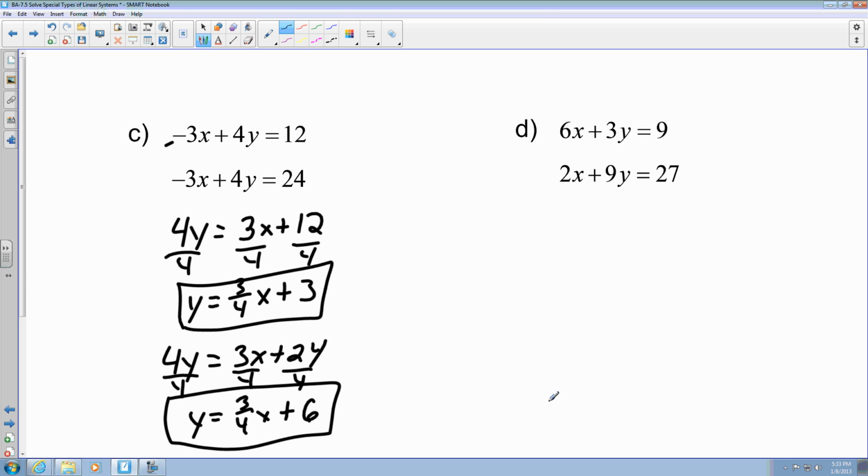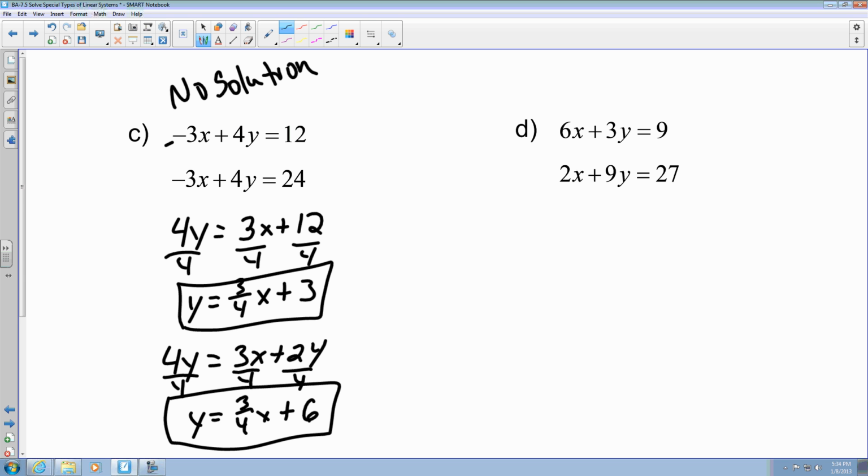I notice that it has the same slope of 3/4. It has different y-intercepts. One's got 3 and one is at 6. So I can conclude that these two lines are parallel. And since they are parallel, I'm going to have no solution for these systems.